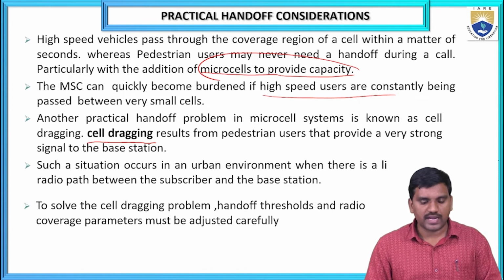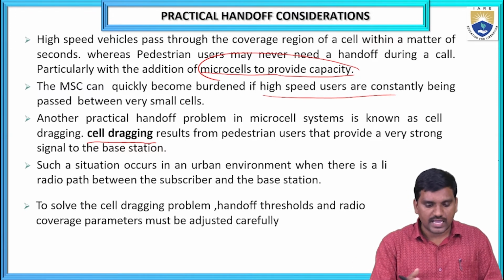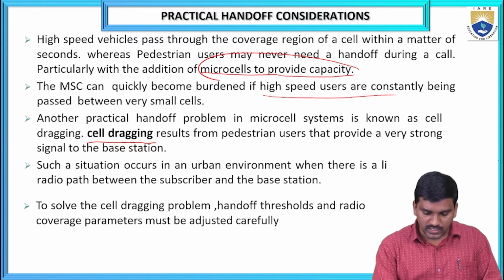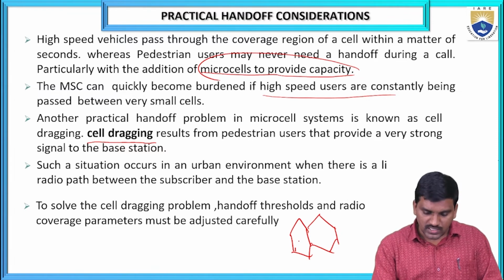Next, another practical handoff problem in microcell systems is known as cell dragging. Cell dragging results from pedestrian users that provide a very strong signal to the base station. For example, here is one cell and here is another cell. One person is moving from this cell to this cell.